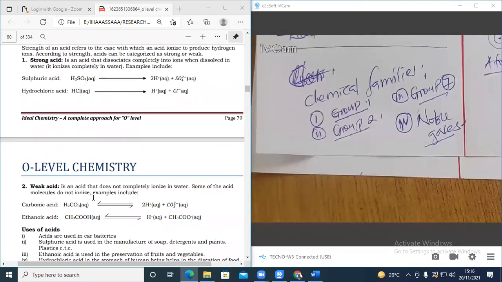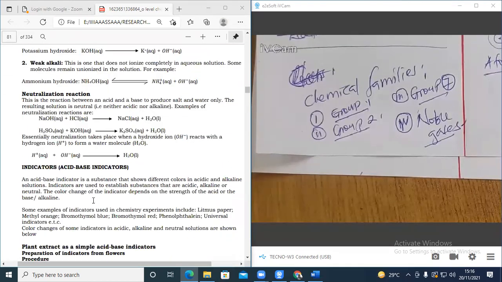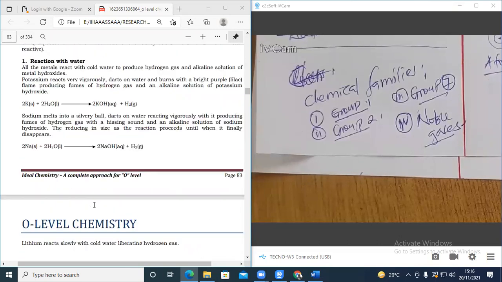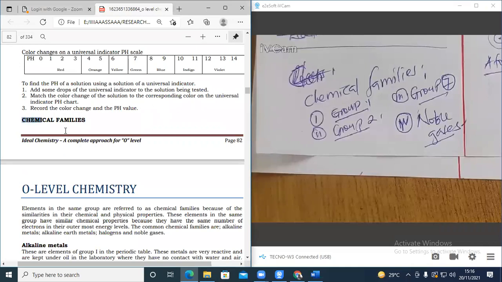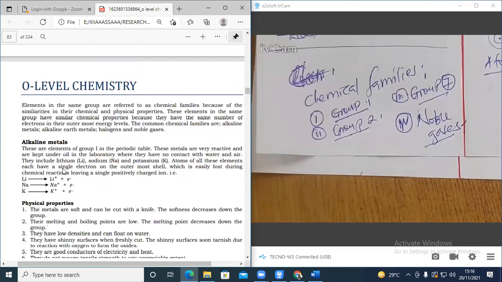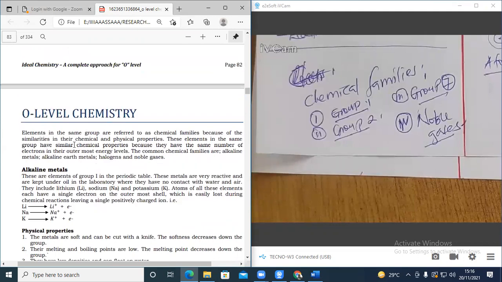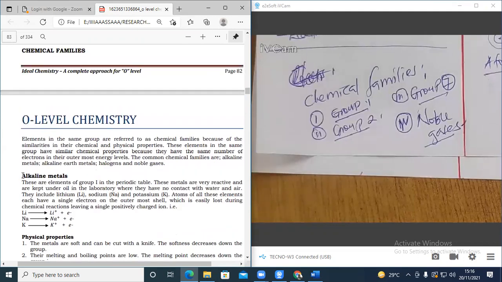When you come here, there's that topic called chemical family. Have you seen these subjects called chemical family? Yes. So the first chemical family is group 1, and group 1 metals are called alkaline metals.